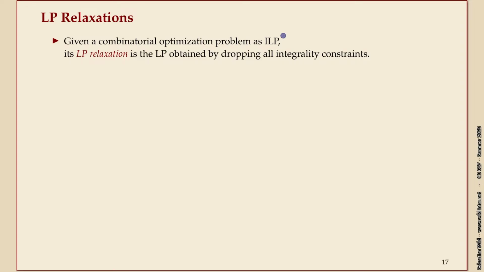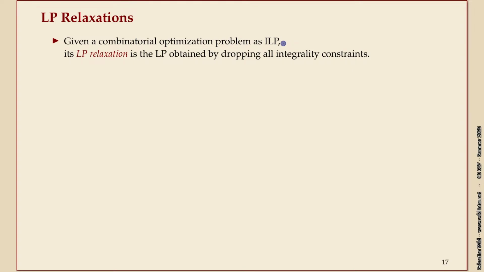So we can take one of the many combinatorial optimization problems that you can represent as an ILP, and we can define its LP relaxation, which is just taking this ILP and striking out the integrality constraint. Then you get the LP relaxation of this ILP.